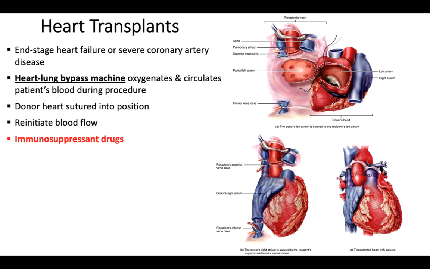One other thing to mention is patients that have heart transplants will have to be on immunosuppressant drugs for the rest of their lives. And that's to reduce the risk of the immune system rejecting that organ.